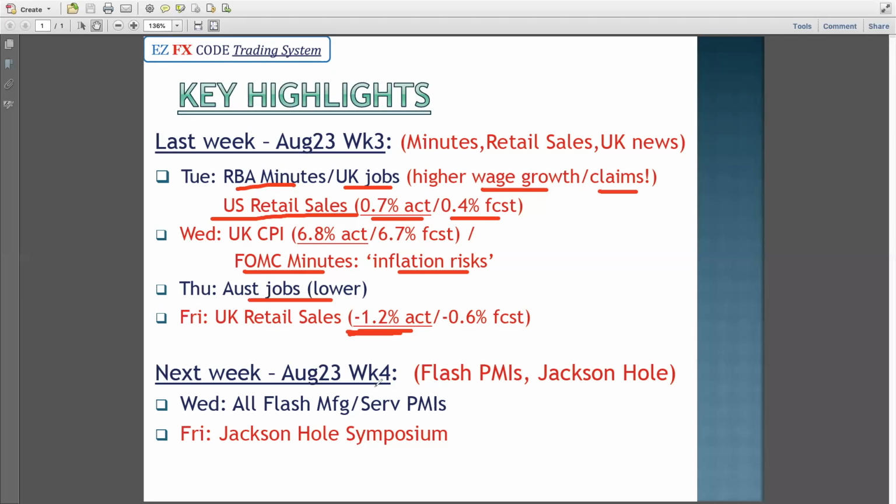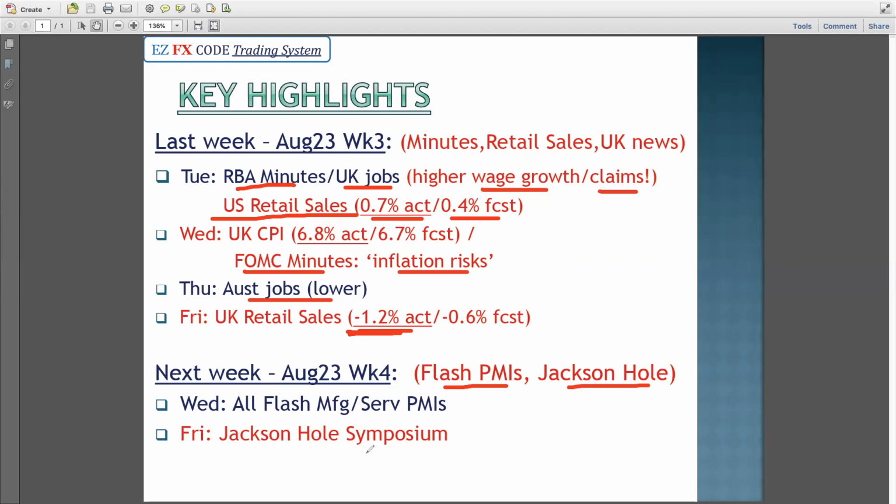And this coming week, there's only a couple of major news items with the flash PMIs from all the major economies. And culminating with the Friday and the weekend with the Jackson Hole Symposium, where there'll be a number of speeches from the central bankers as well.